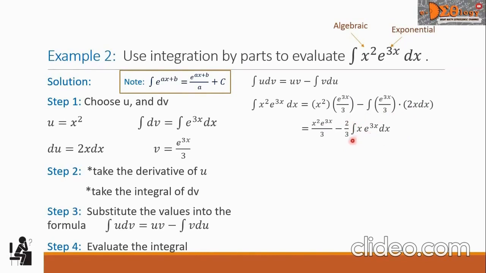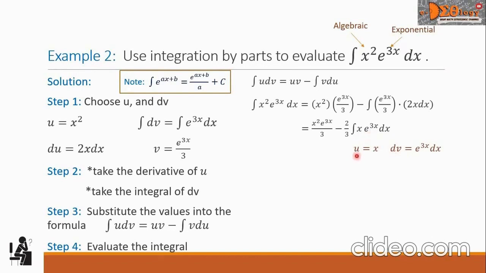Please observe here that there is no direct formula for the integral of x times e raised to 3x dx. In this case, we're going to do integration by parts again. We will take u to be this x and dv this e raised to 3x dx.